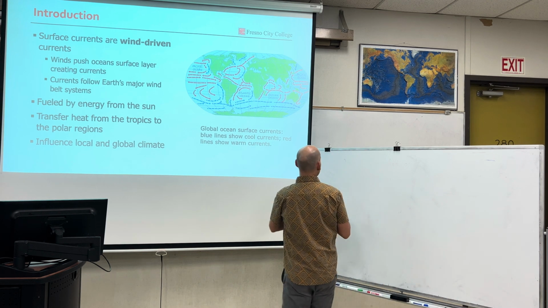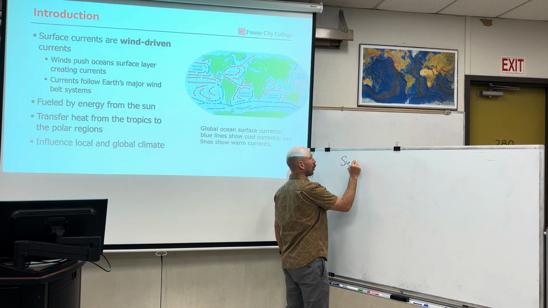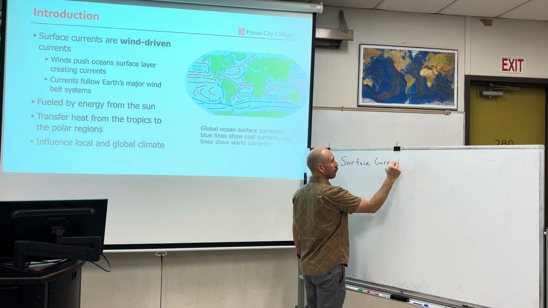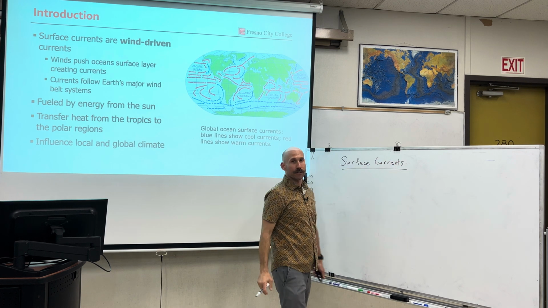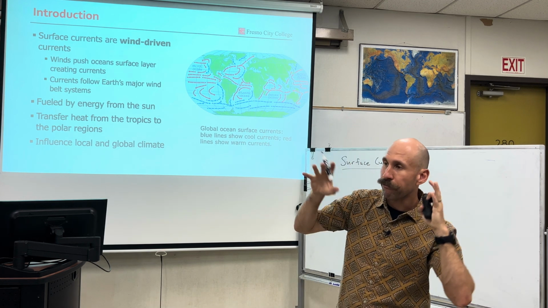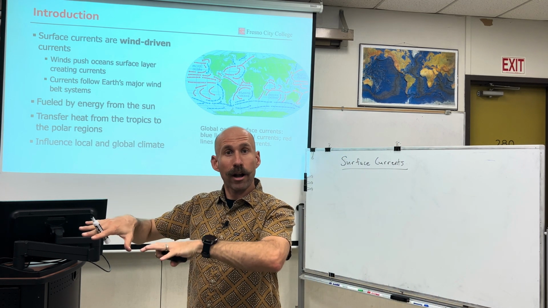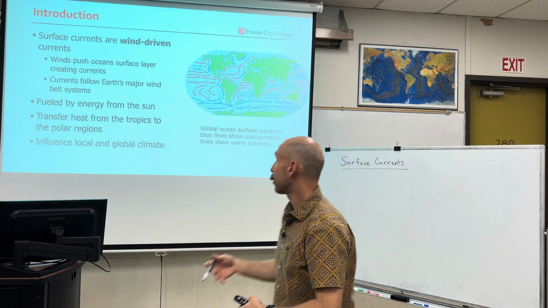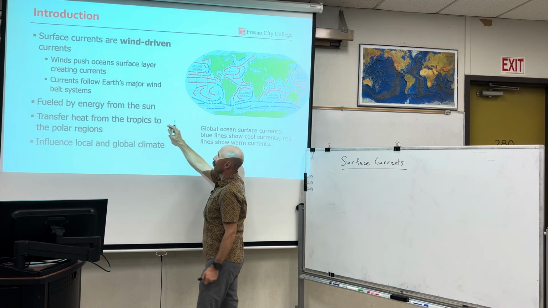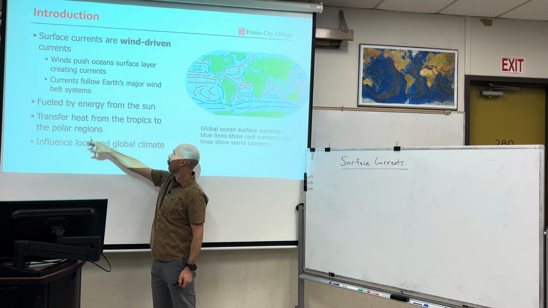So surface currents occur because wind blows. Wind is created by differences in pressure in Earth's atmosphere, and the friction of the wind on the ocean generates surface currents. These surface currents will transfer heat from the tropics to the polar regions.